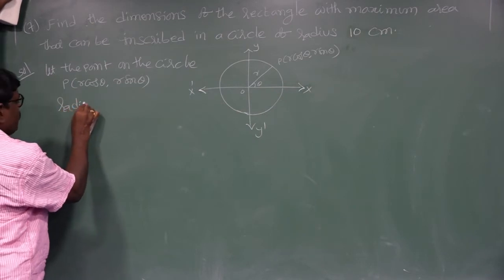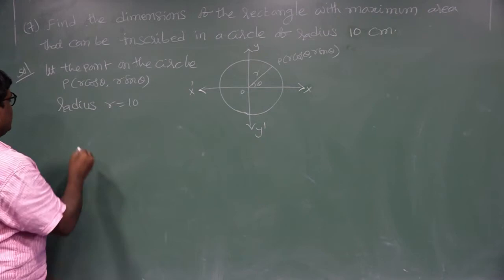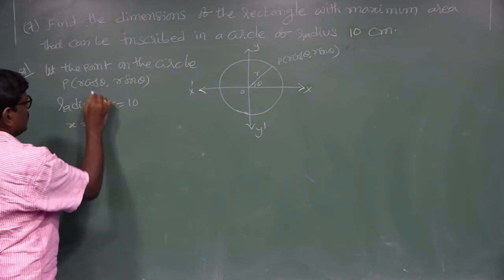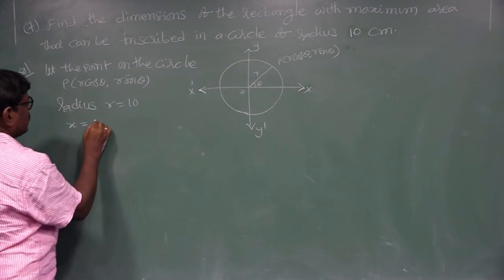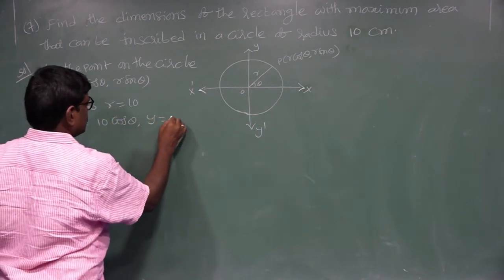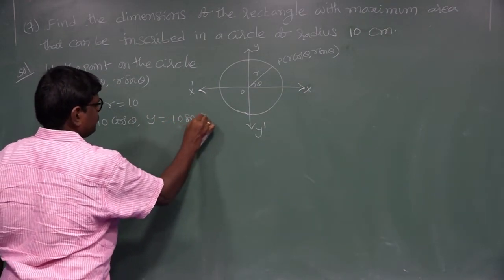Radius r equal to 10, x equal to 10 cos theta, y equal to 10 sin theta.